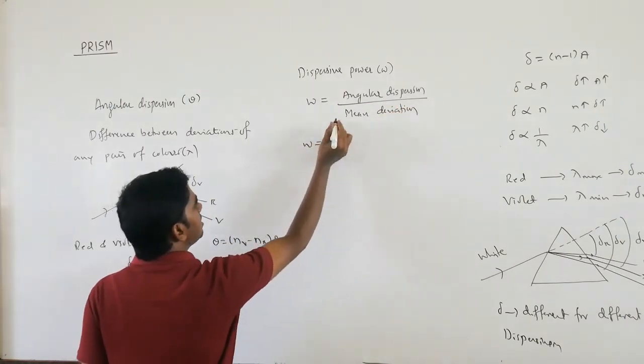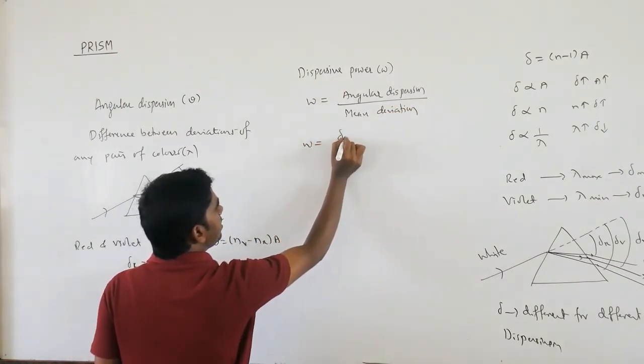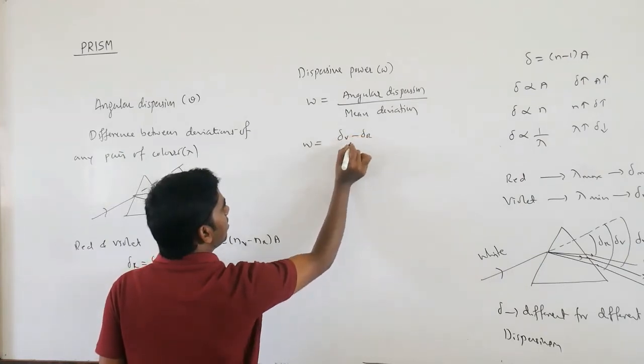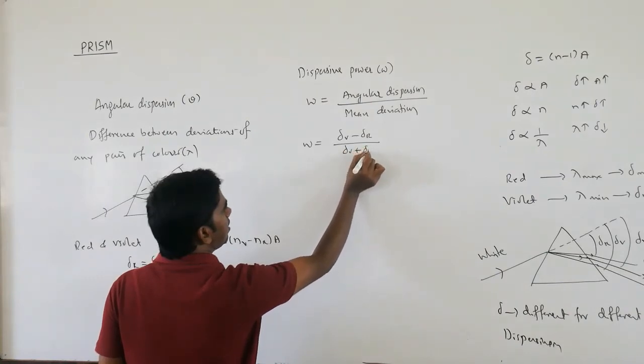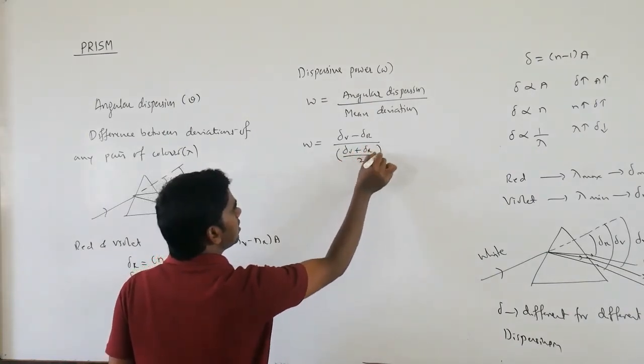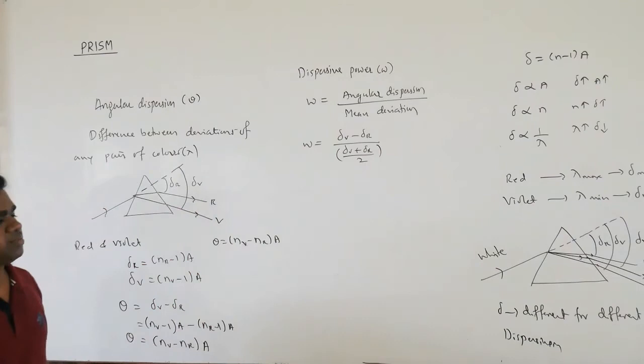So omega equals the angular dispersion, the difference between deviation of violet and red, divided by the mean of these two, (delta of violet plus delta of red) divided by 2. This is the mean. This is the formula for dispersive power.